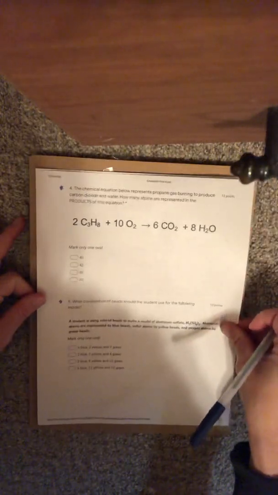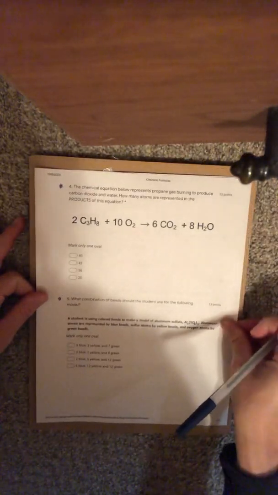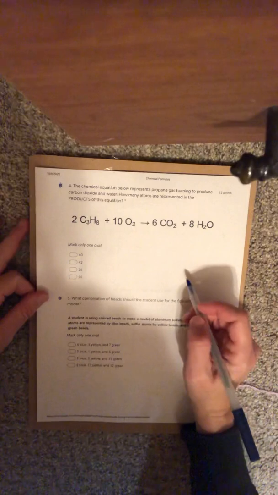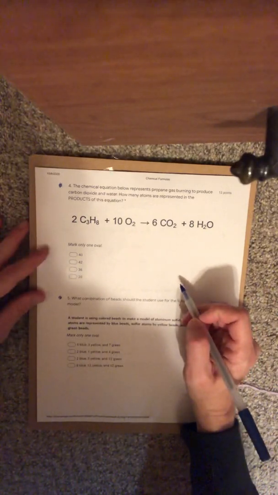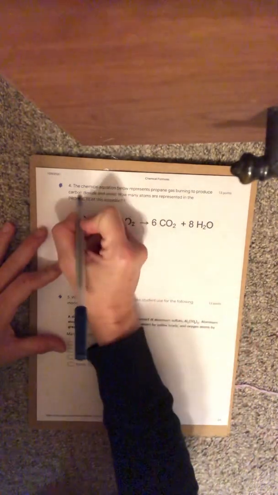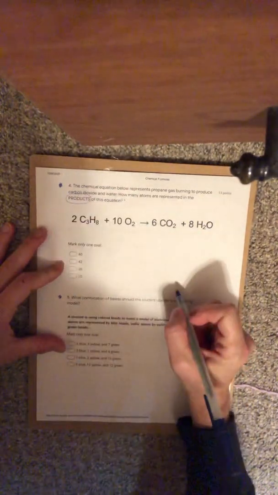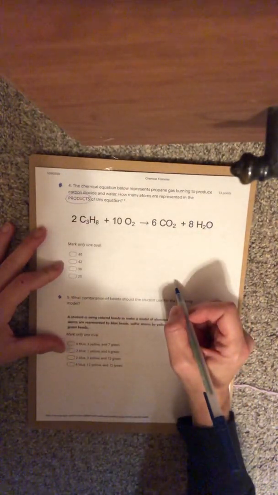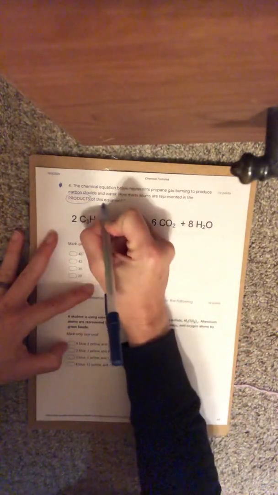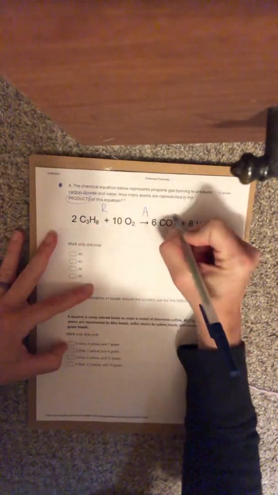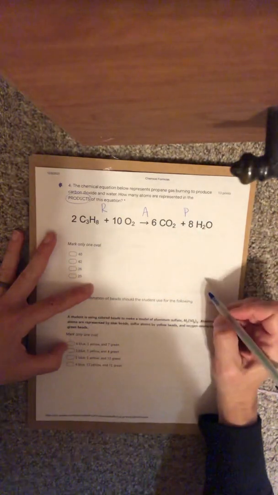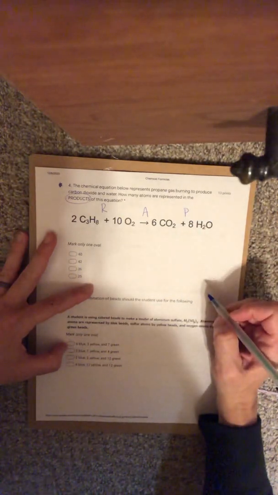Number 4. The chemical equation below represents propane gas burning to produce carbon dioxide and water. How many atoms are represented in the products of this equation? First of all, I have to remember RAP. Reactants, arrow, products.